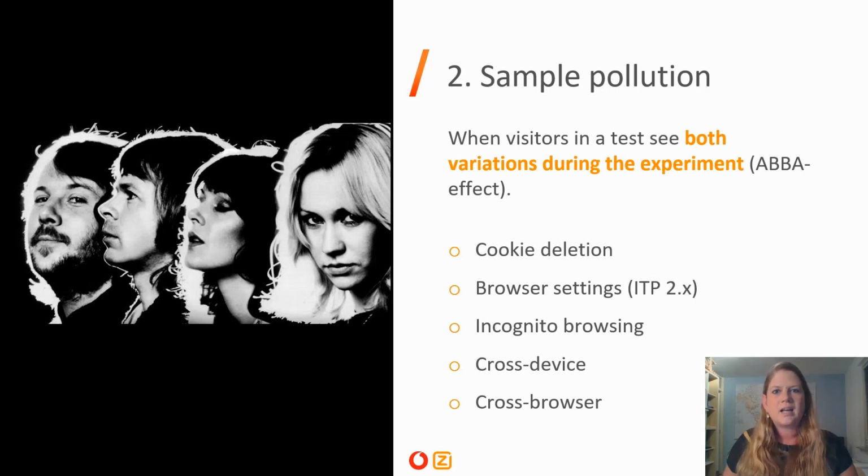And we are inclined to think that we can run a perfect scientific experiment online, but samples are getting more and more contaminated because people or browsers nowadays delete their cookies, or they visit the website on multiple browsers, or they visit on multiple devices. So we cannot recognize returning visitors that often anymore, which means that it becomes harder and harder to recognize returning visitors and serve them the variation they have seen before.